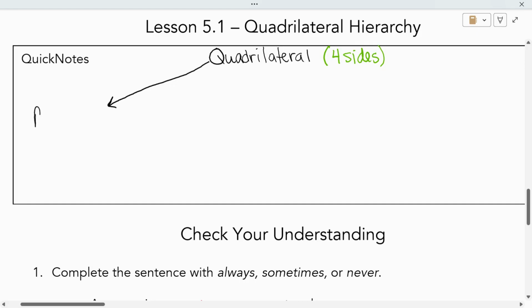The first one was parallelograms. And that just means they have 2 sets of parallel sides.